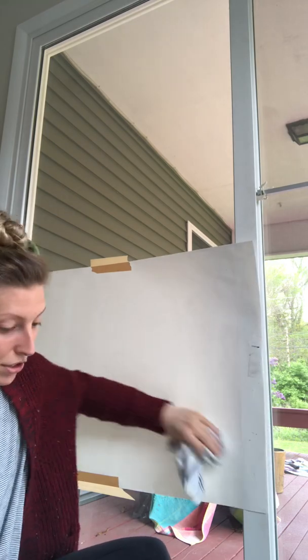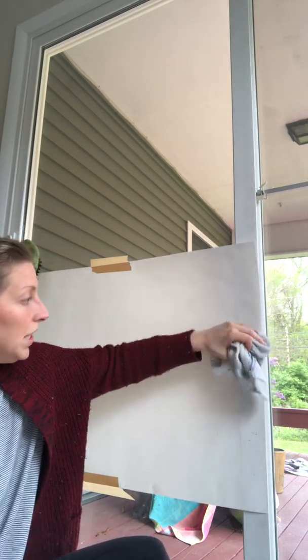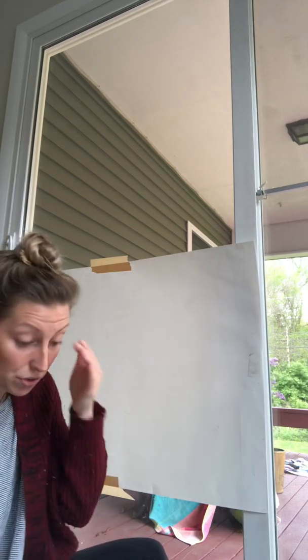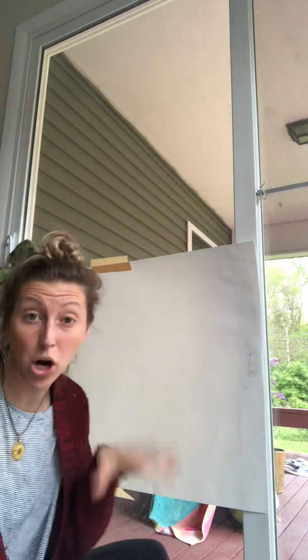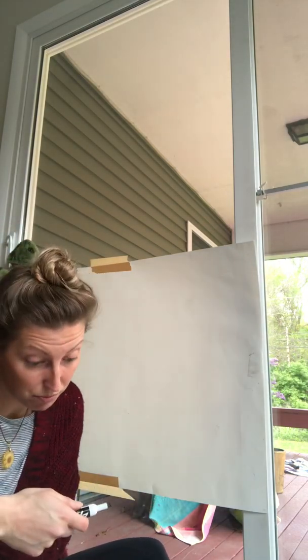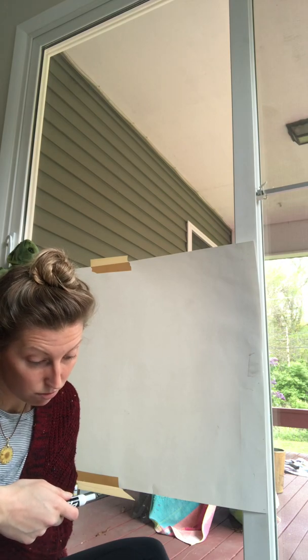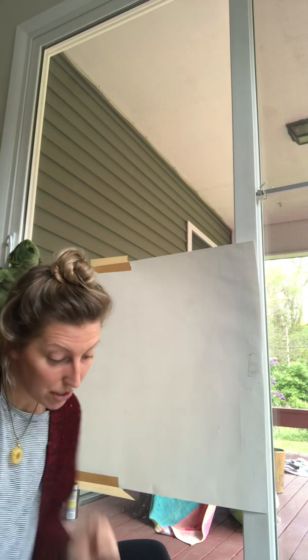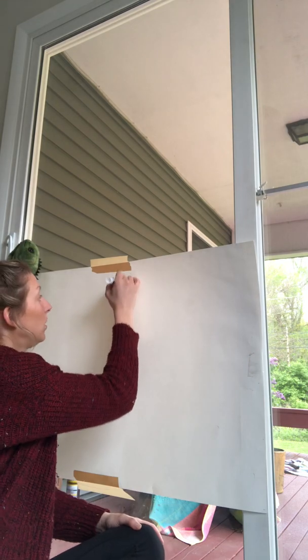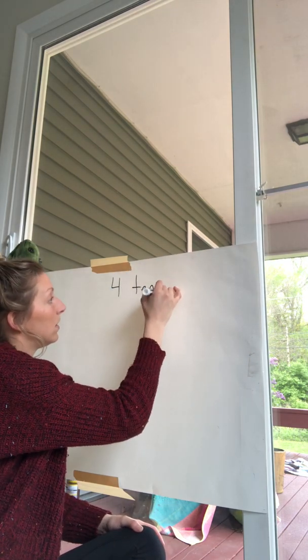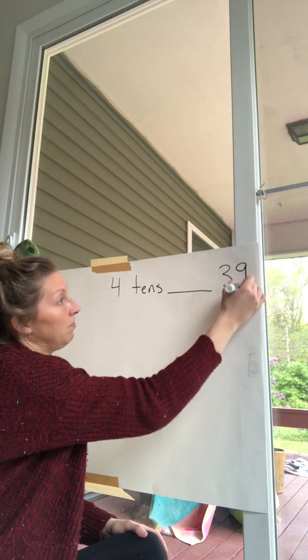So what Miss White is going to do right now is put a couple on here, and then you can pause the video and look at these, okay? So here we go. Here's our first one. We have 4 tens compared to 39.